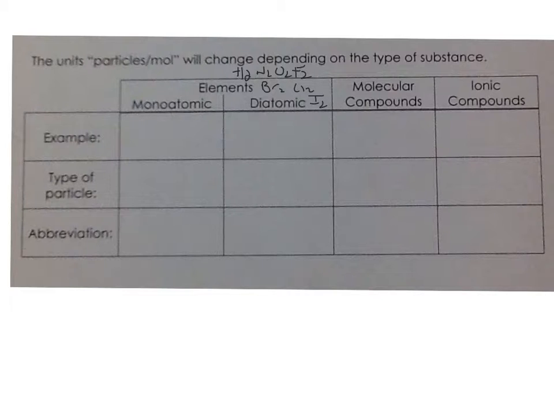Those are your diatomics. If you have a diatomic element like one of these, your particle will be called a molecule. We have an abbreviation for it, and that is molec.